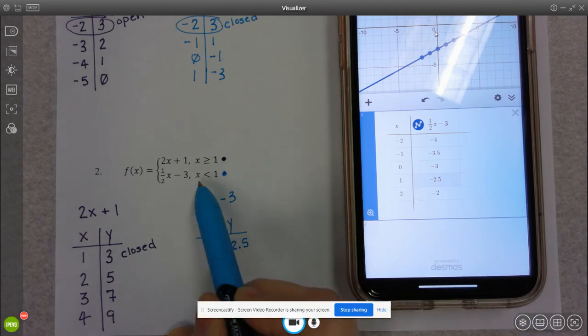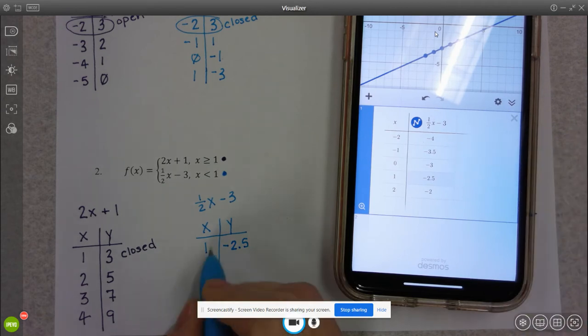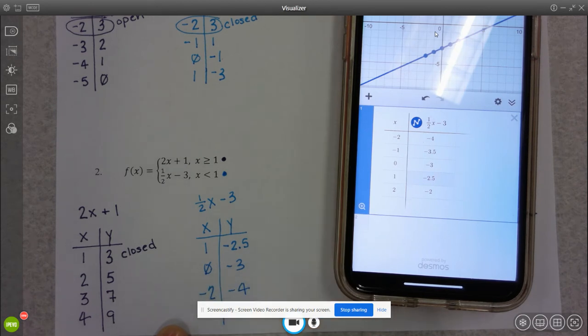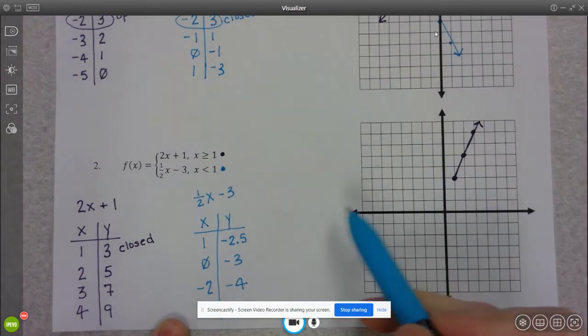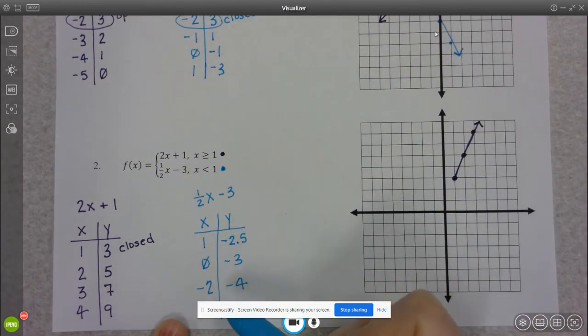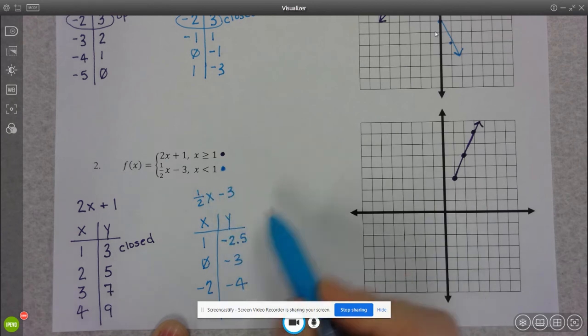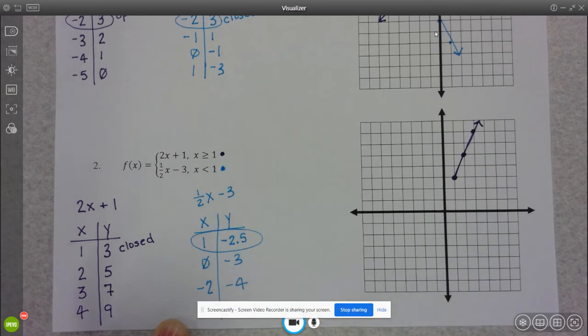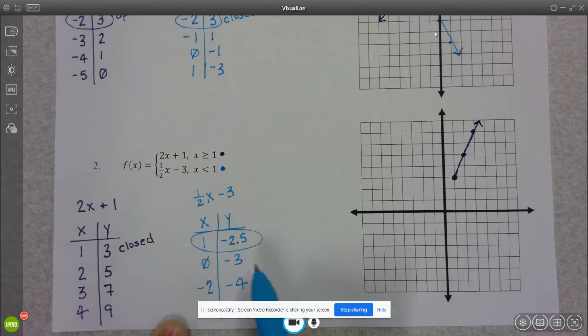So I'm going to look at these numbers that are less than 1 that are going to give me a whole number. So I'm going to pick 0 and negative 2, and I'm going to graph negative 3 and negative 4. I do not have to graph every single tick mark in order. I can pick a couple that suffice this less than 1 as long as I include that one that's here in my domain statement.